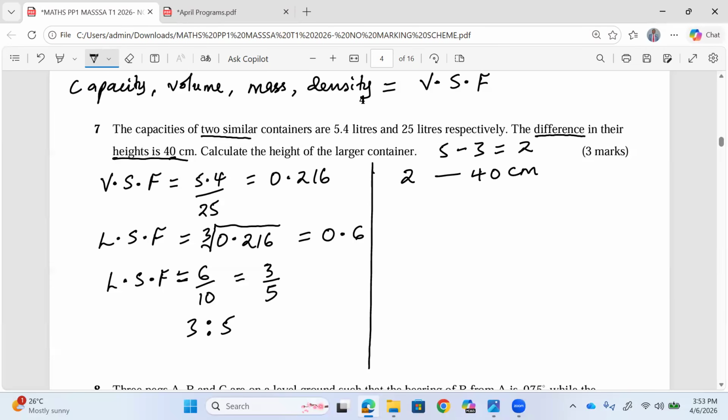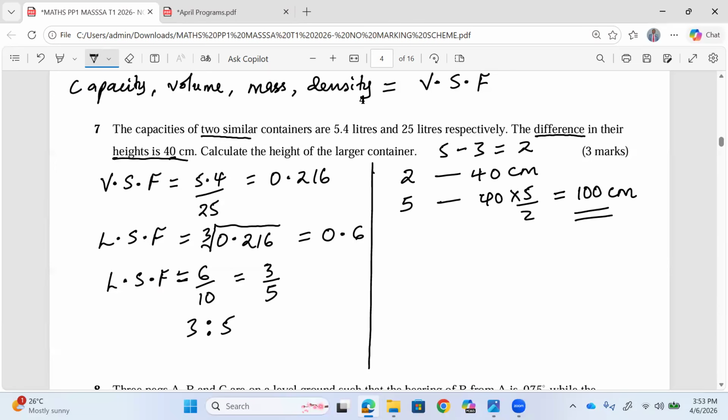What about the height of the larger, which is equivalent to 5 proportions? This will be 40 by 5 out of 2, and this shall give us exactly 100 centimeters. So the height of the larger is 100 centimeters.